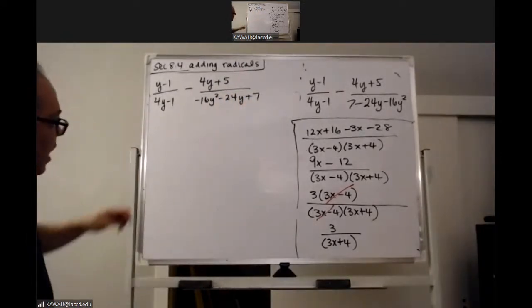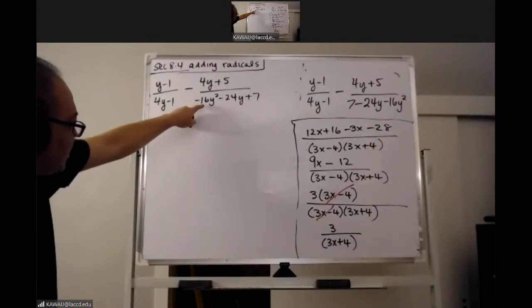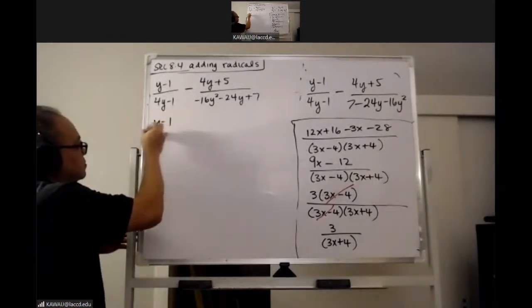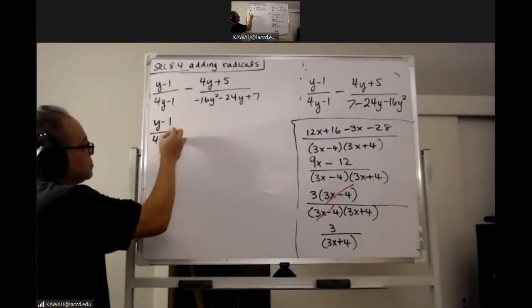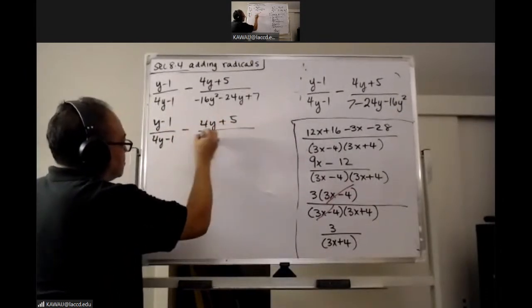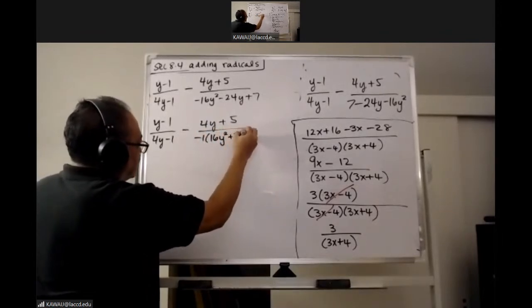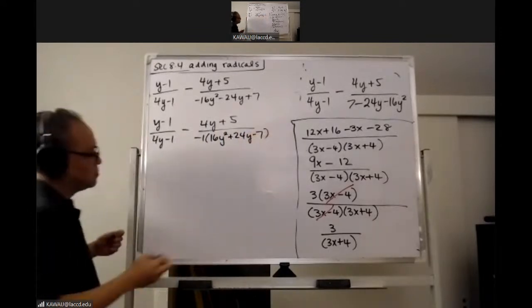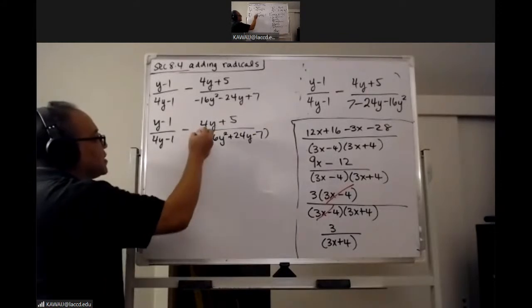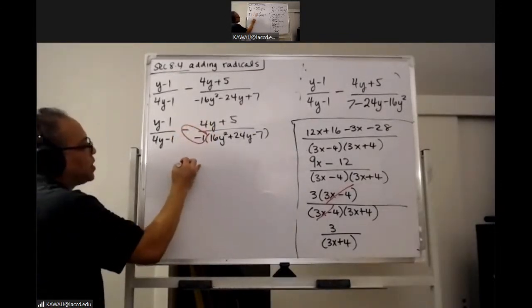Now I know I've got to factor this, so this needs to be positive. I'm going to pull out a negative 1 again. And then when I do this and this, these two will cancel and become a plus.